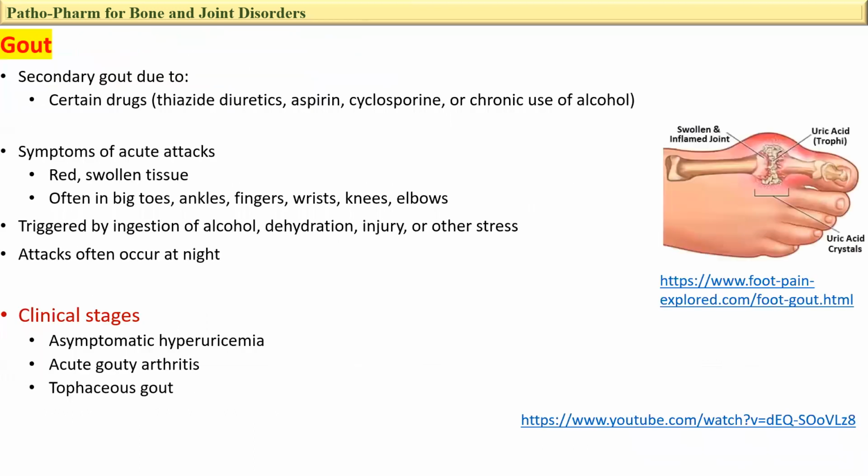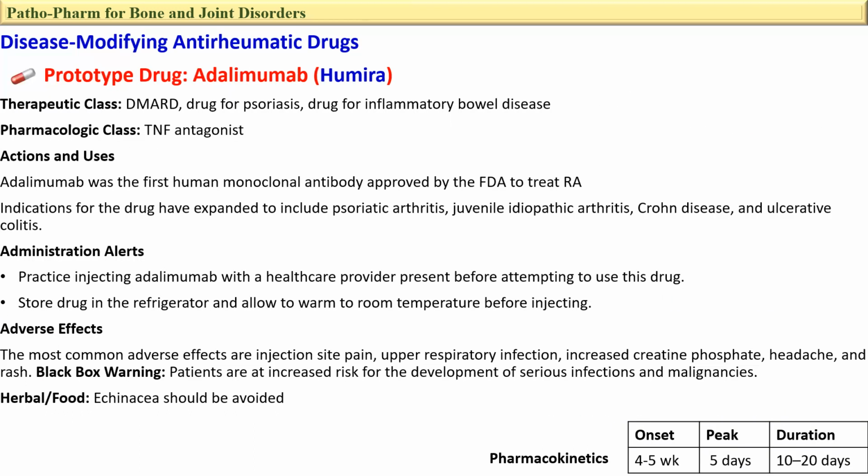or we can go to, before we go to gout, the black box warnings: patients have an increased risk for development of serious malignancies and cancer, and latent infections such as TB, tuberculosis, and hepatitis B virus may also become reactivated while on this drug.